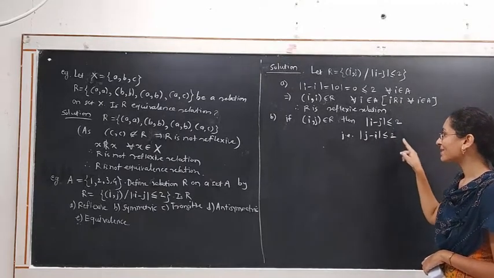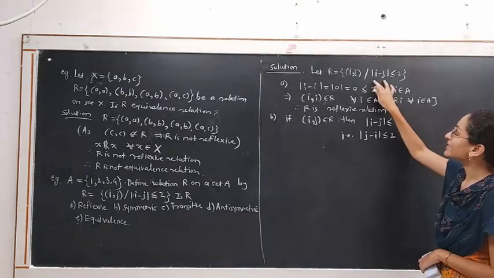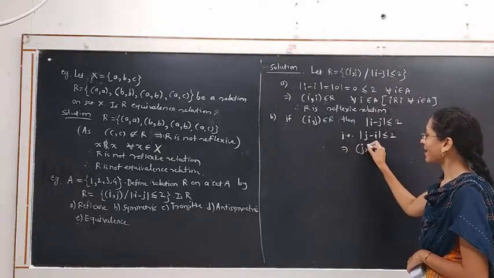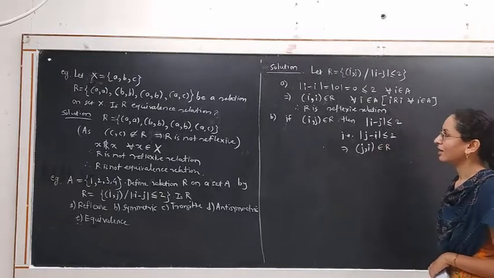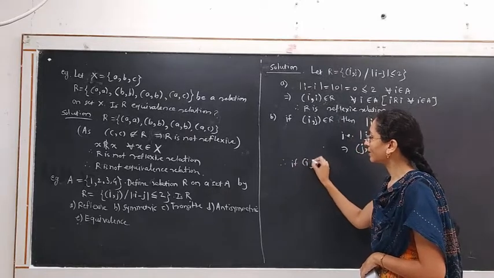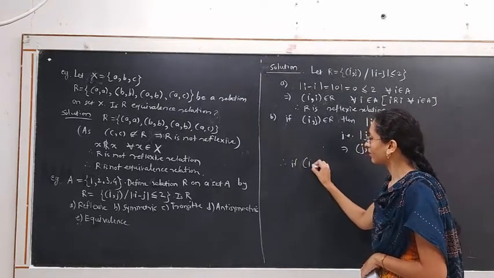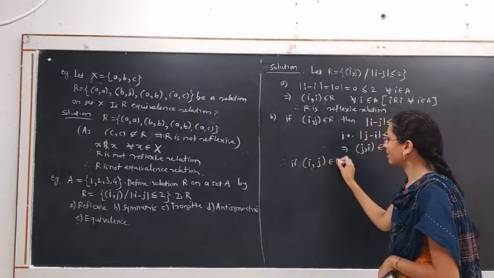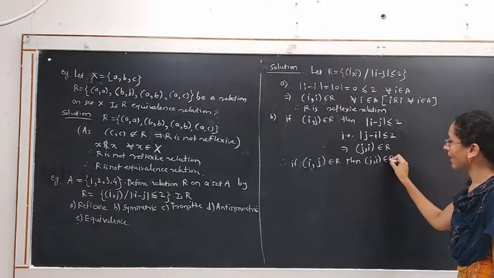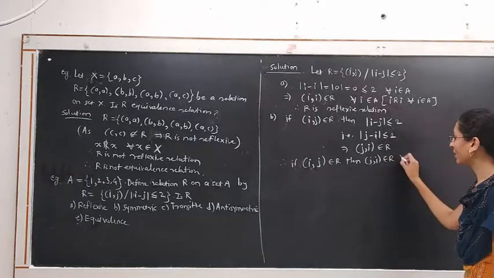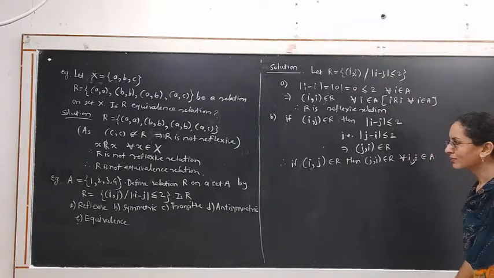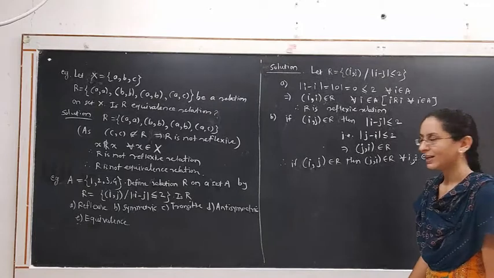If mod of j minus i is less than or equal to 2, by using this definition, we get the ordered pair (j, i) belongs to R. Hence, if the ordered pair (i, j) belongs to R, then the ordered pair (j, i) belongs to R, and this is true for all i, j belonging to set A. Hence, R is a symmetric relation.